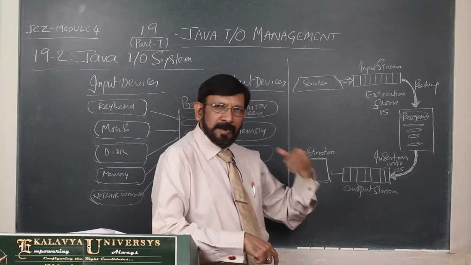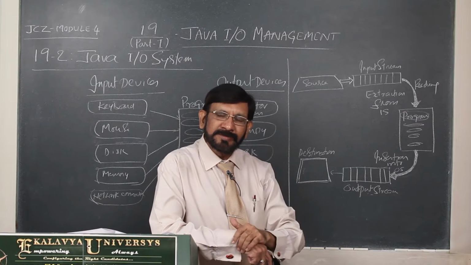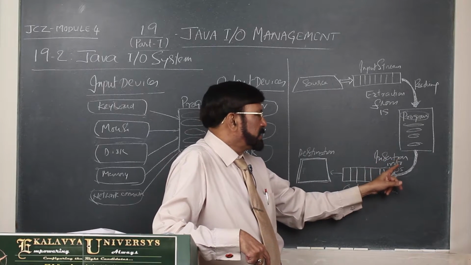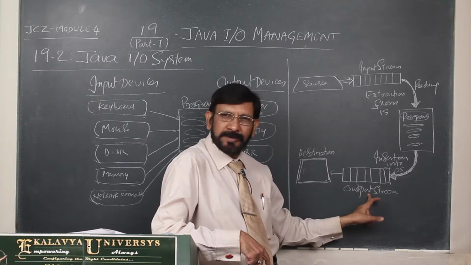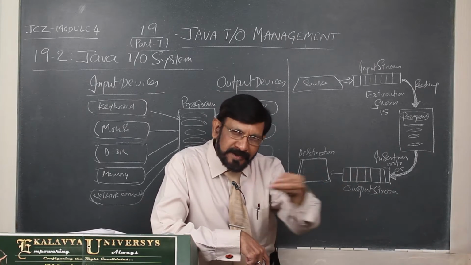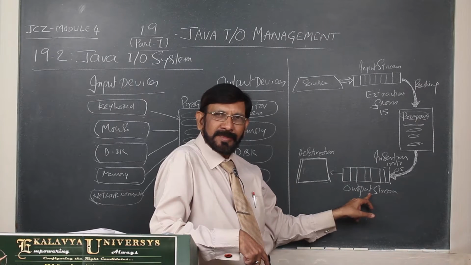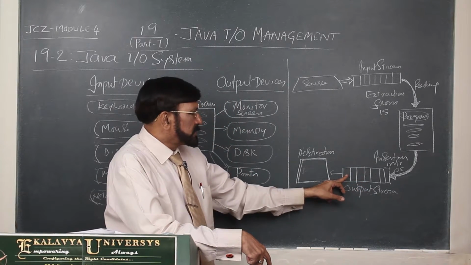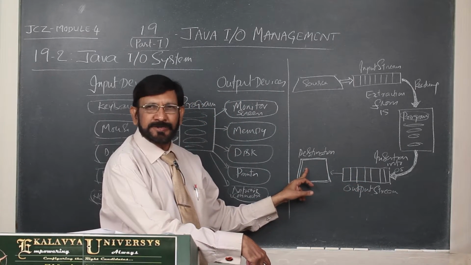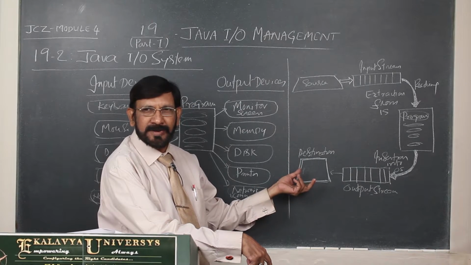So, in order to deliver it, again it wants a stream. What is the stream? That is the output stream. It has to insert the data into the output stream. So, from the output stream, it enters into the destination, such as a monitor screen.